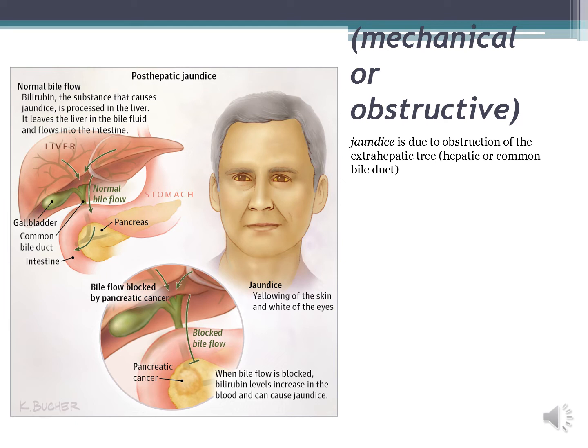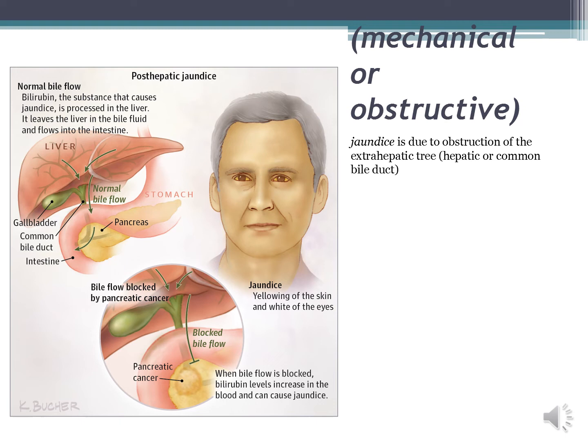We see the bilirubin, the substance that causes jaundice, processed in the liver. It leaves the liver in the bile fluid and flows into the intestine in the normal situation, you know that. You see, via the gallbladder, common bile duct, and then goes to the intestines. Here you see the pancreas.